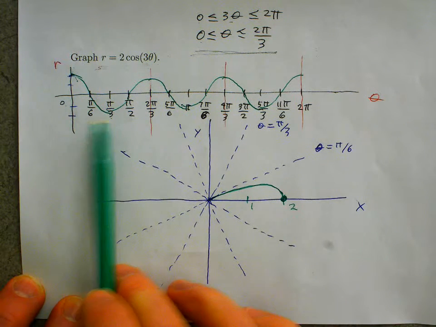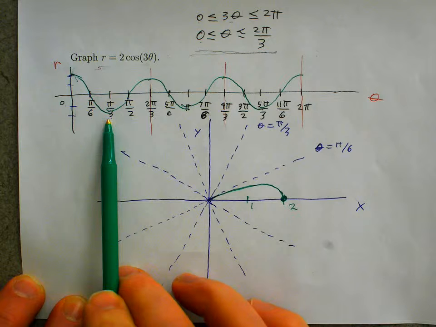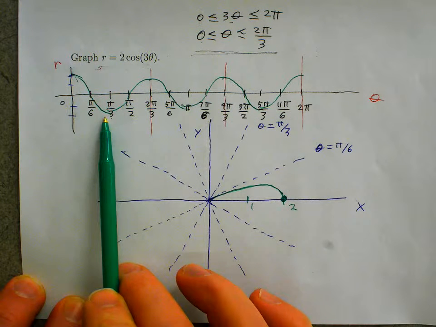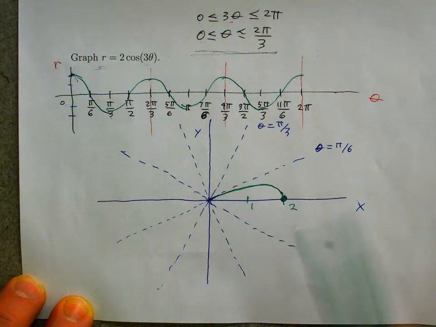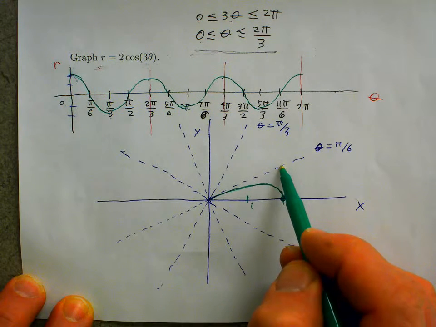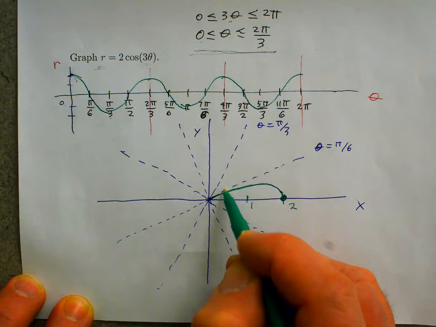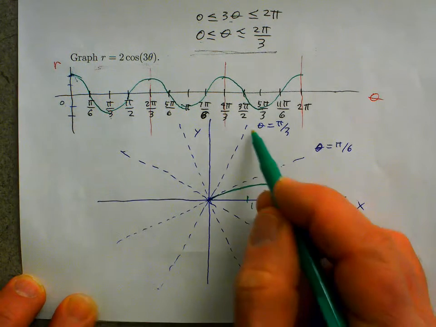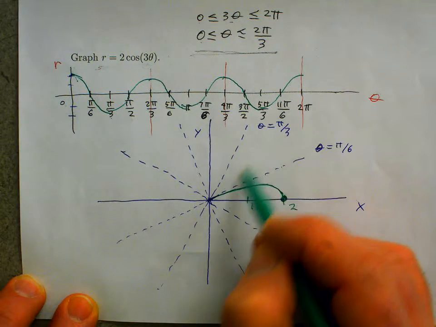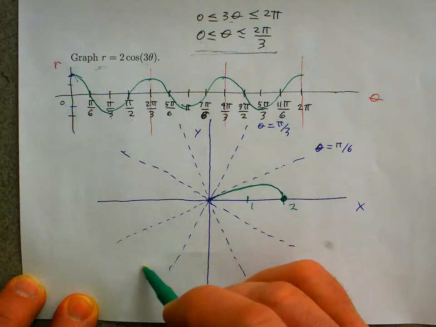Between pi over 6 and pi over 3, the r values are negative. So up here, between pi over 6 and pi over 3, since the r values are negative, they have to be on the opposite side of the origin.